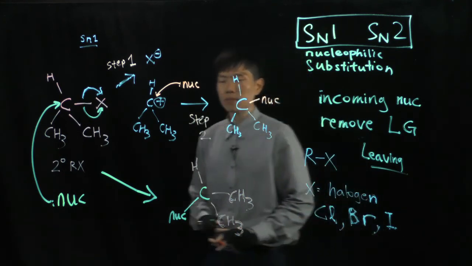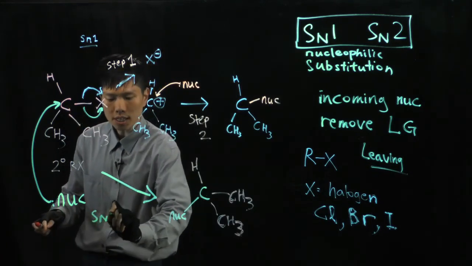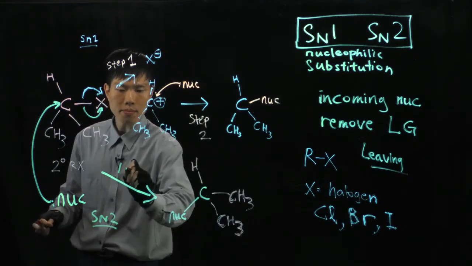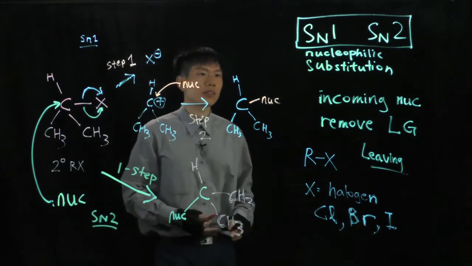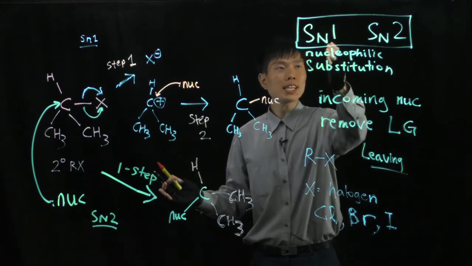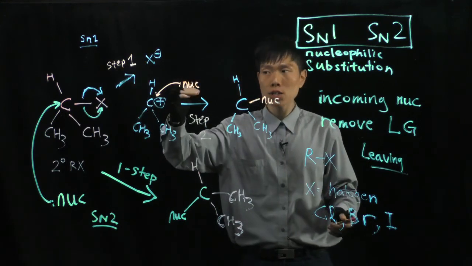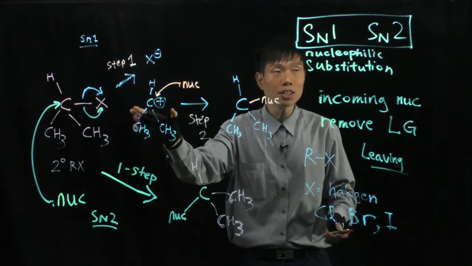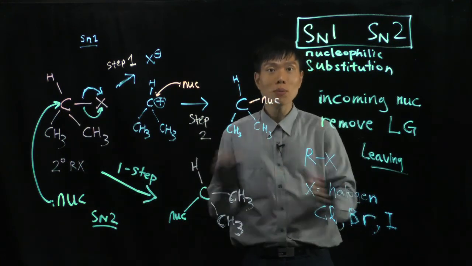Right. So for SN2, there is only one step. It is a single step reaction. So now you understand the main difference between SN1 and SN2. SN1, two-step reaction, you form a carbocation. SN2 is a one-step reaction, you do not form a carbocation.